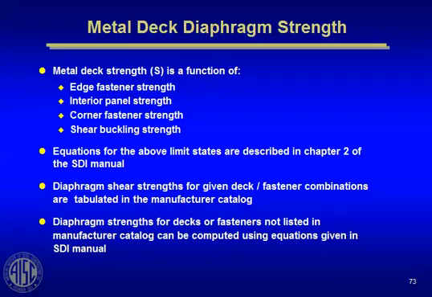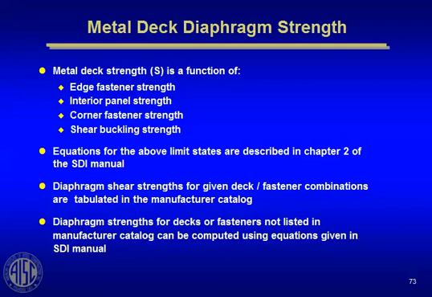The metal deck strength, in addition to stiffness, which is a function of G prime, we have a strength term that has to be evaluated. That is, how strong is the diaphragm to carry the shear forces. The metal deck catalogs identify that metal deck strength as shear strength S. It's a function of the edge fastener strength, the interior panel strength, the corner fastener strength, and shear buckling strength of the metal deck itself.